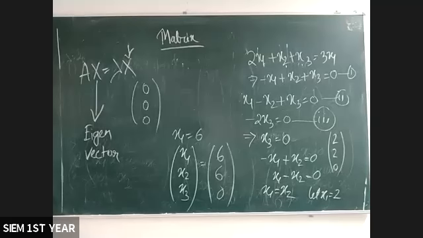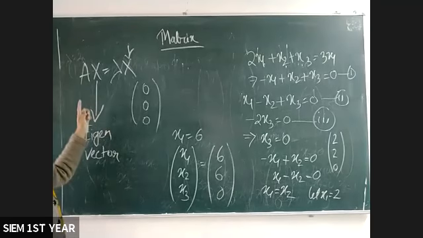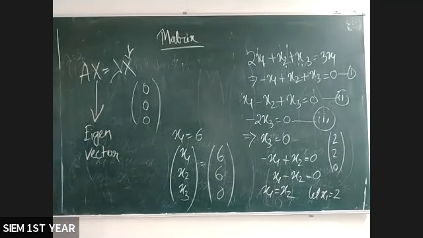Okay, so this is the overall concept of eigenvalues and eigenvectors. Every year you get one problem from this. I think sometimes they also ask, suppose they give you the same matrix, 2, 1, 1, 1, 2, 1, 0, 0, 1.